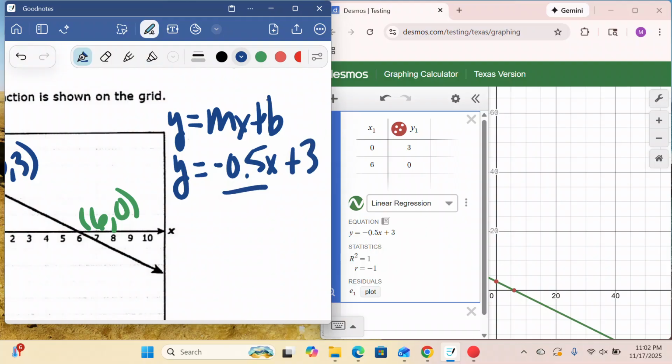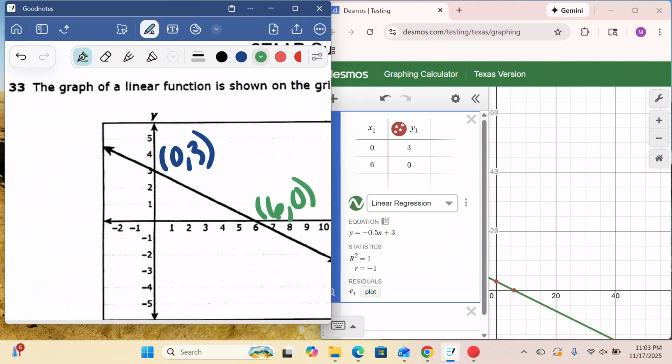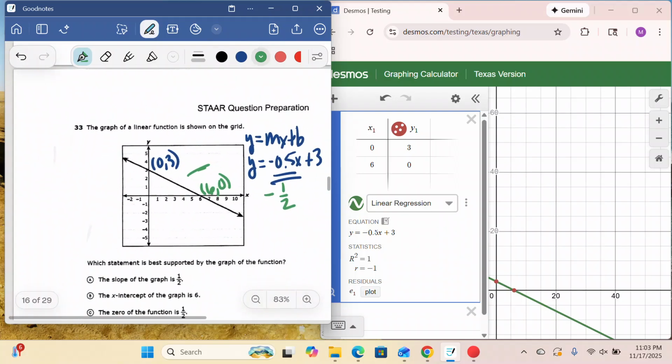So my rate of change or my slope is negative 0.5, or I can say negative 1/2. Now, if I don't know how to do 0.5, all I have to do is translate it into negative 1/2. They're going to be negative. So I know my slope, it's going down the mountain, so it's also a negative slope just by looking at it. So let's see which one's right.